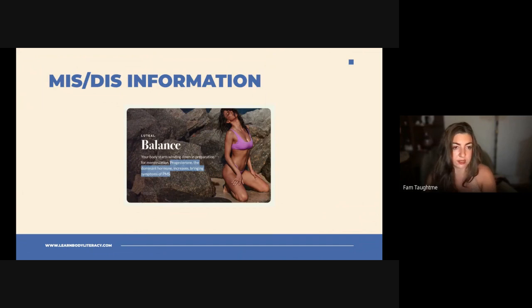For instance, this is a site called 28 by Evie, which is a site where they want you to enter your menstrual health information and they'll tell you different things about your cycle in different phases. And if you go to the luteal phase, it says progesterone brings symptoms of PMS. Progesterone is actually really great for relieving symptoms of PMS. So it's just directly incorrect.